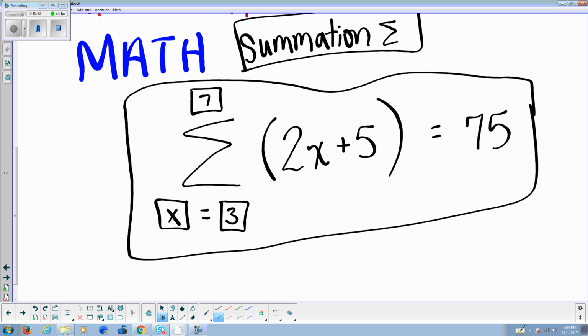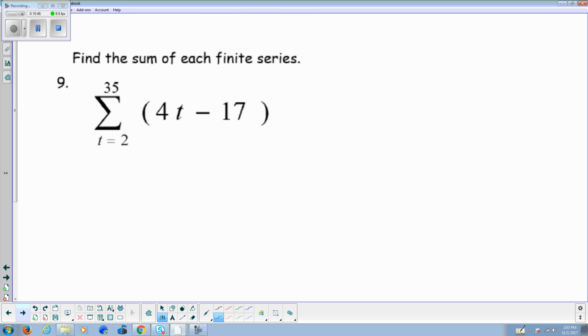Okay, I told you there's 2 places to find summation on your calculator. So we're going to take a look at this next example. And I'm going to show you the second place that we can find summation on the calculator. The first place we found it was under math. The second place we can find it is in your shortcut menus. If you will tap alpha and then choose window.